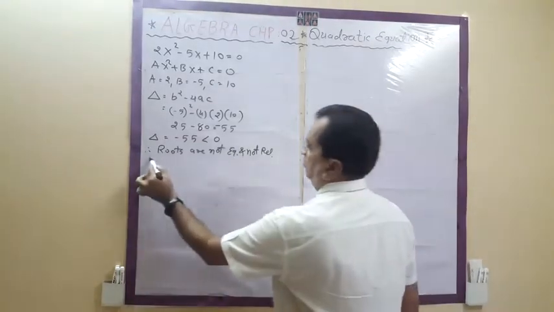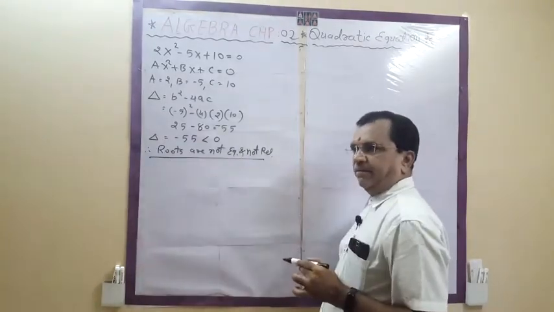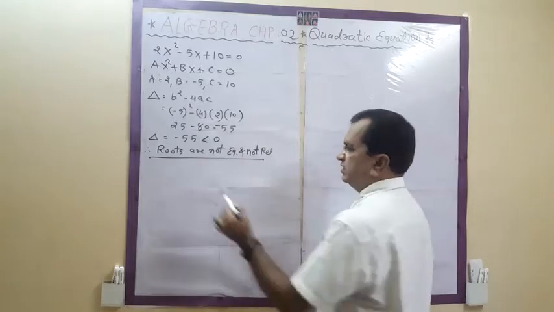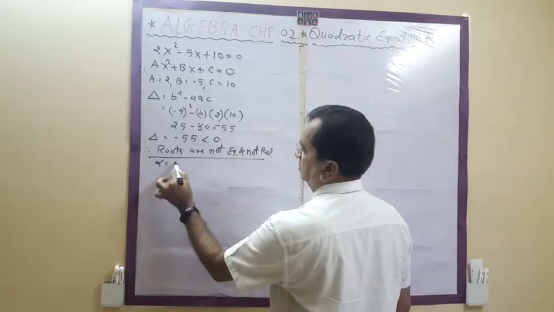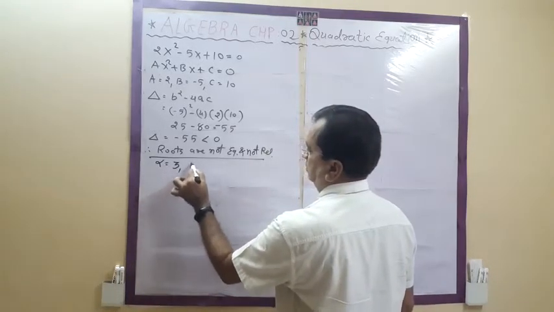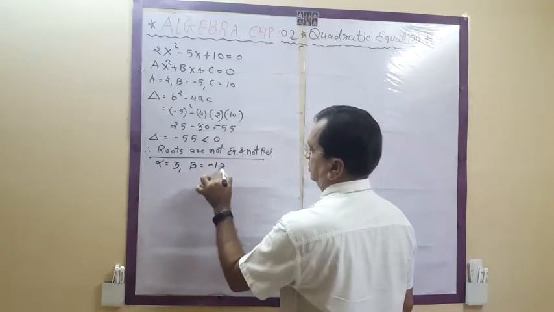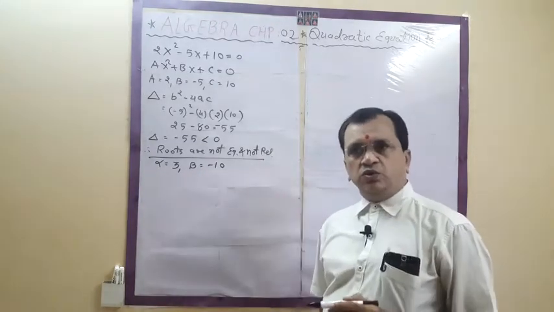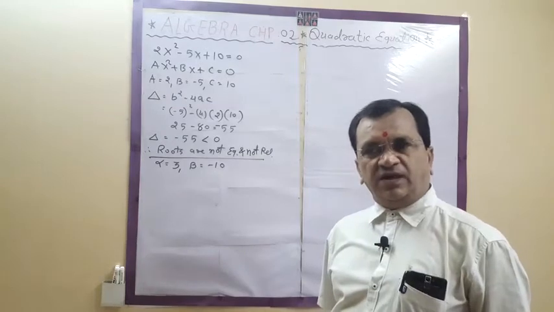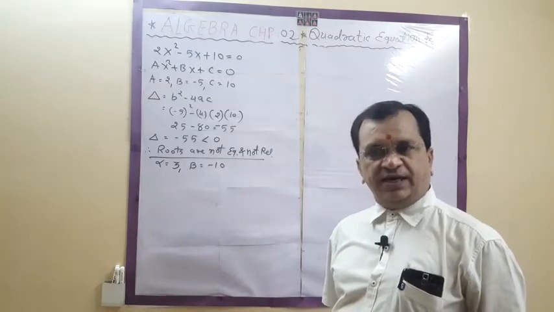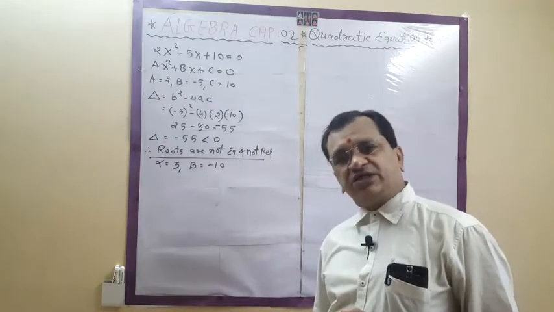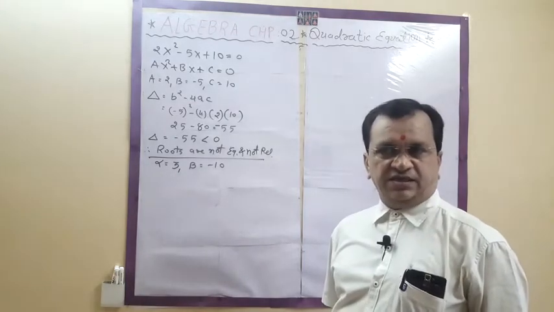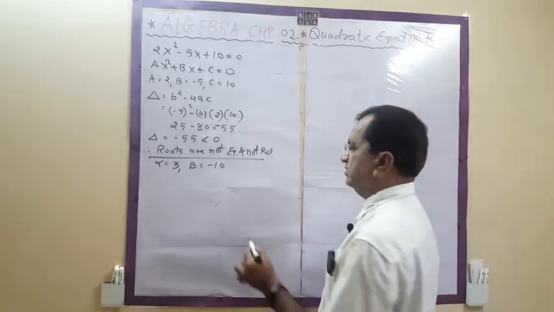Then we have learned one more topic, that if alpha is given, beta is given, two solutions are given for the equation, and of which equation these roots are there, that equation you have to find.